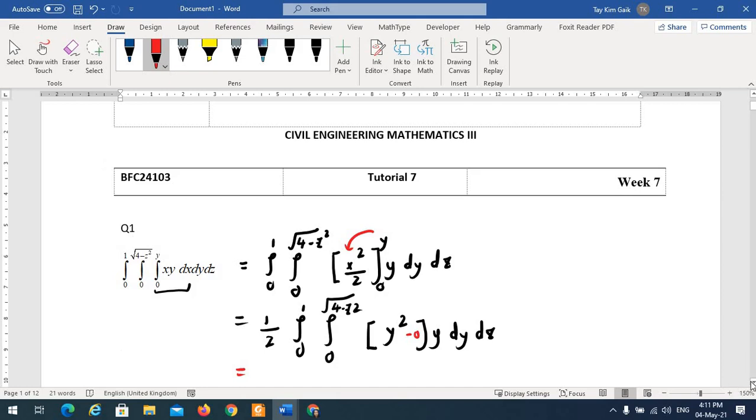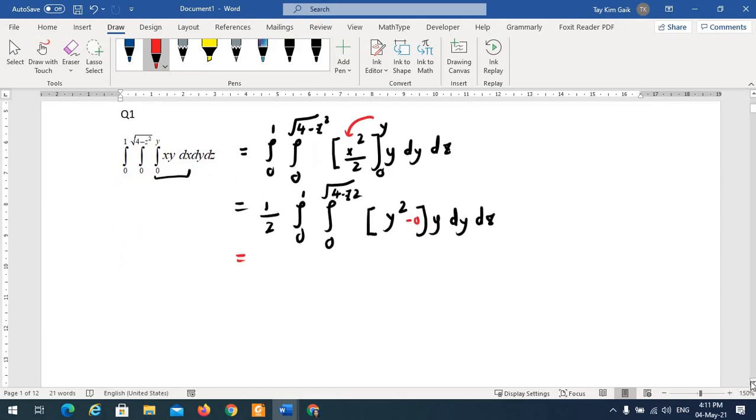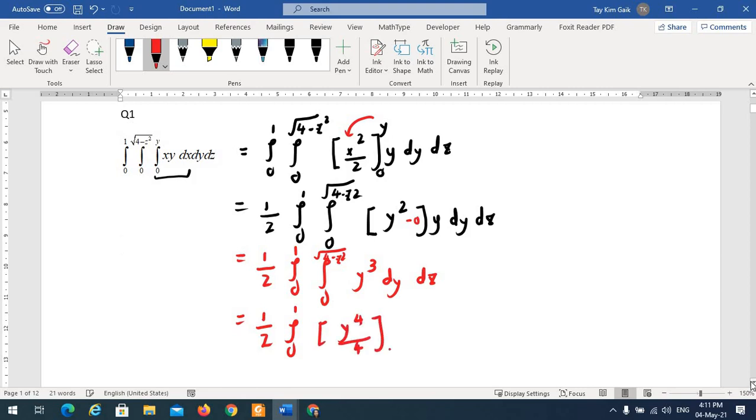Integrate y cubed with respect to y. So now we have one half, the integral from 0 to 1, and from 0 to square root of 4 minus z squared, of y cubed dy dz. Integrating y cubed with respect to y, we have y to the power 4 over 4, from 0 to the square root of 4 minus z squared, dz.